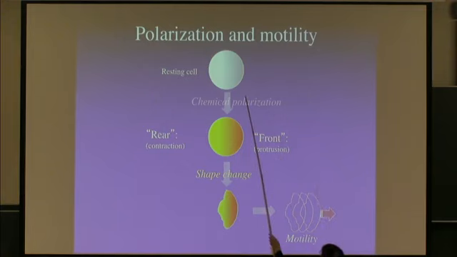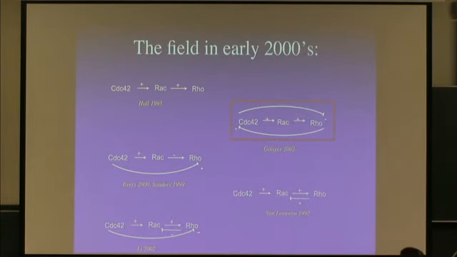I'm going to talk mainly about how the Rho GTPases polarize inside the cell, and then later I'll talk a little bit about how that in turn gives rise to the cell changing its shape and actually moving via the actin engine.